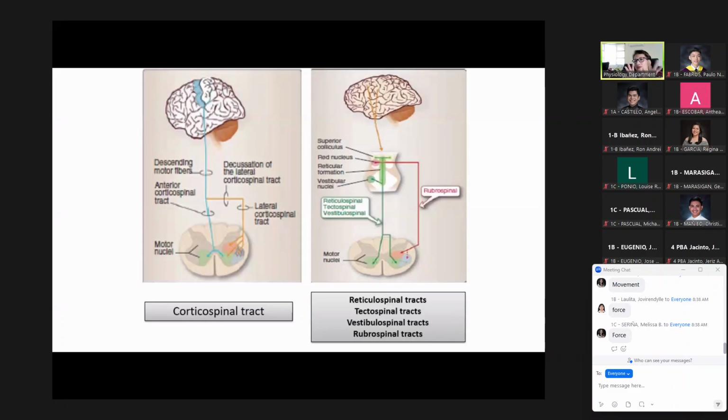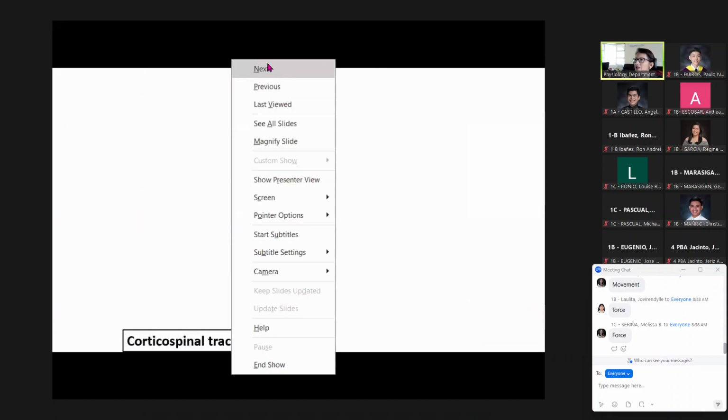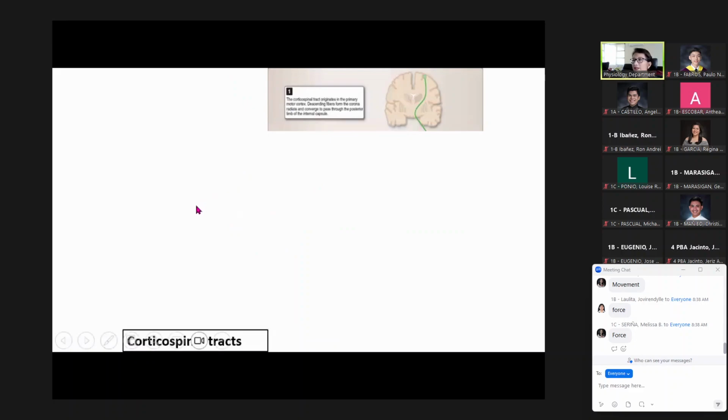When they terminate in the spinal cord, they will form a synapse with your lower motor neurons, which were referred to earlier also as your alpha motor neurons, which can also be referred to as your final common path. They're all the same. So, ventromedial pathways, brainstem pathways. Next, let's take a look at the corticospinal tracts.